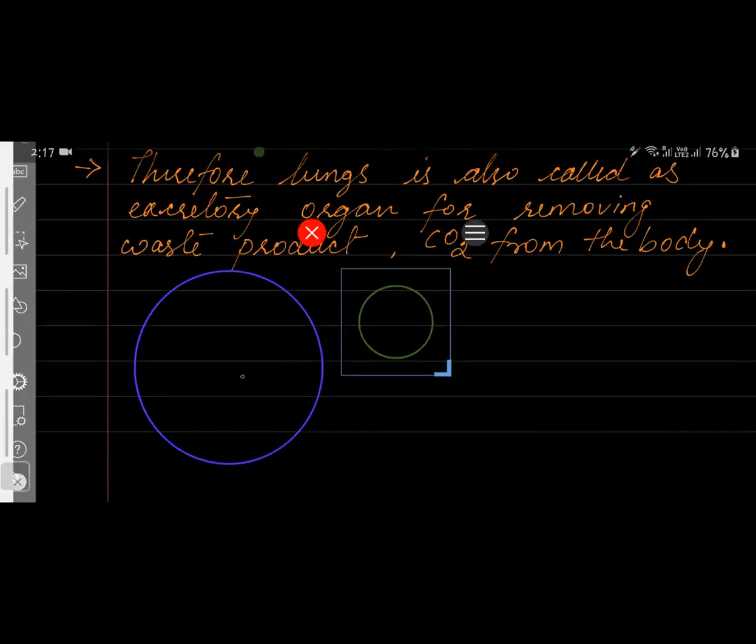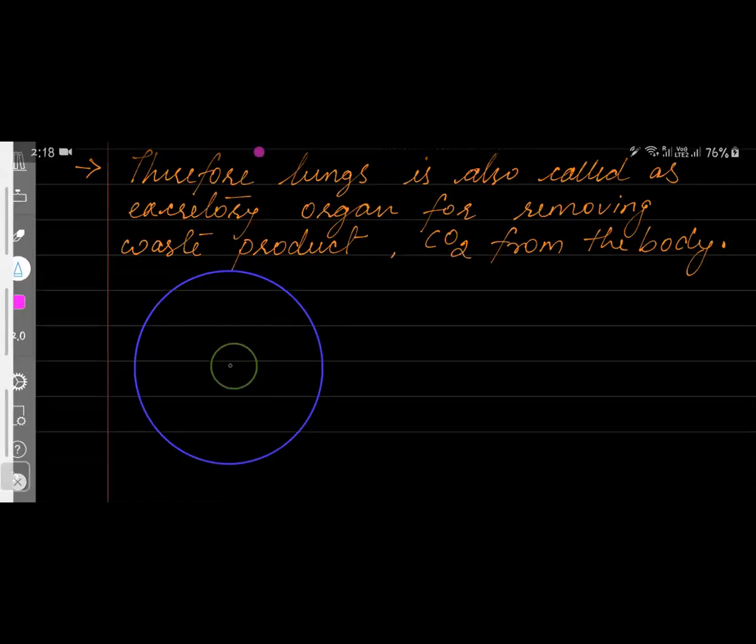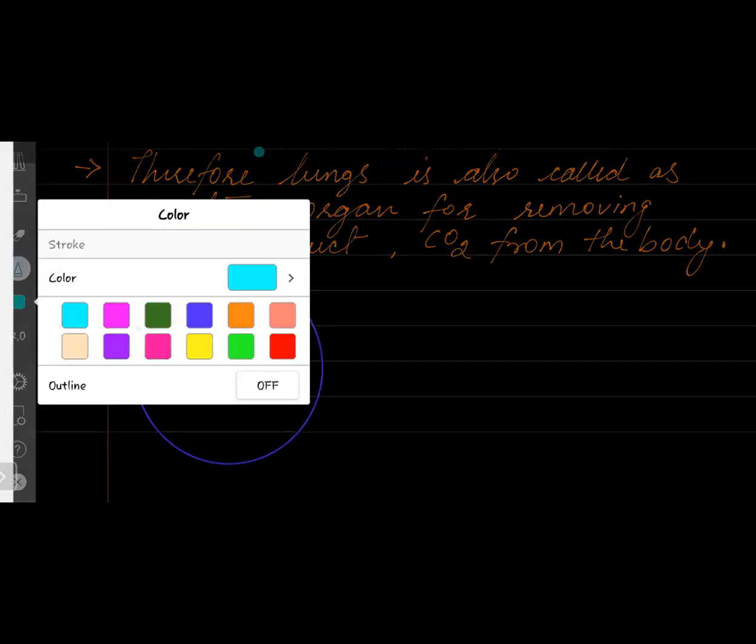An animal cell will have the nucleus in the center. Inside the nucleus you can find nucleoplasm, and DNA is present. So think that this is a nucleus.